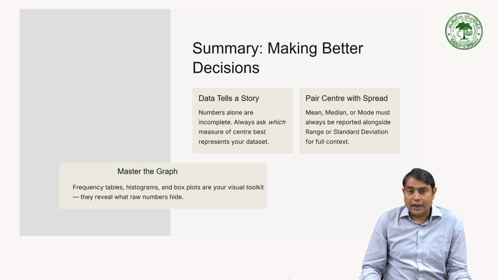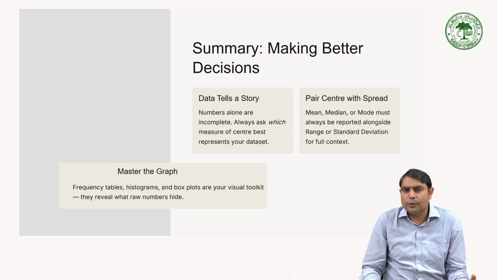So graphs like the frequency table, histogram, and box plot are your toolkits, and they will do what you want them to do. They will show what you want to show. They will hide what you want to hide from the people.